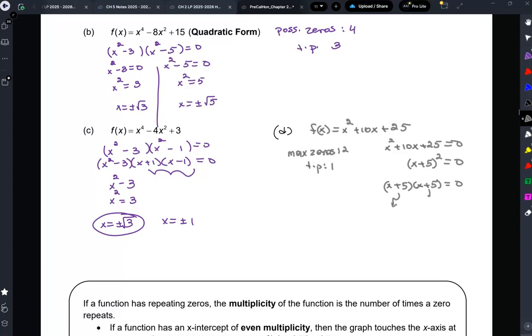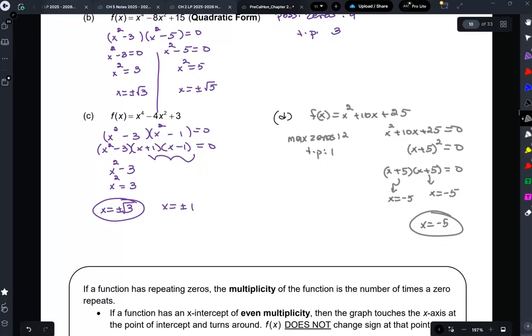From each of these, I get x equals negative 5. But I'm not going to write it twice. I'm only going to write it once. x equals negative 5. So do you see how it has 1 zero, but technically it's 2 of them, right?